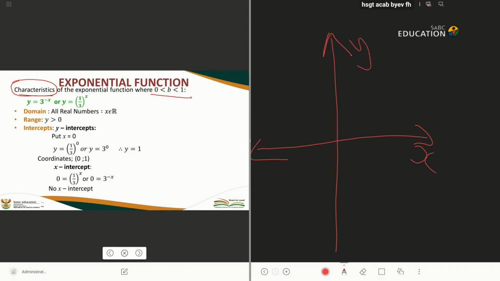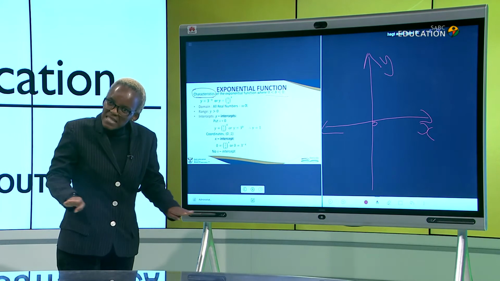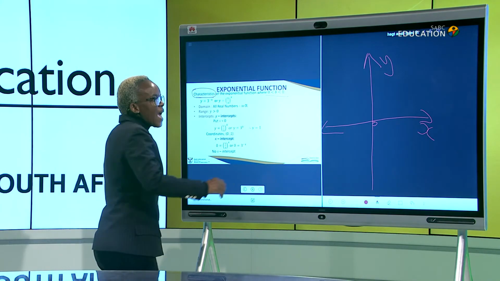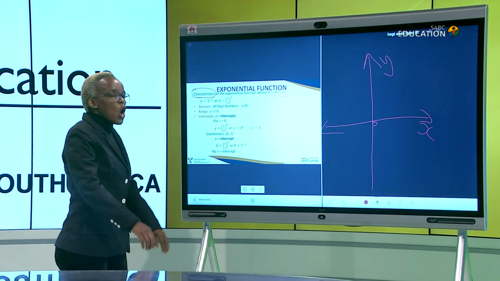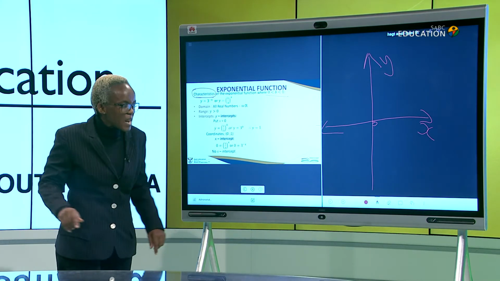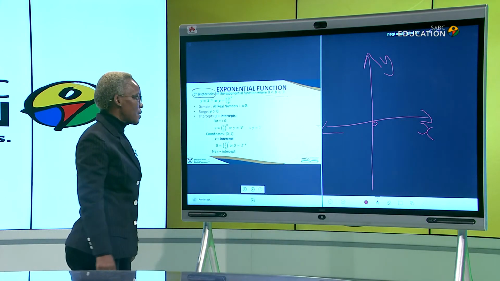So our graph will be defined at x, an element of real numbers. It means it takes all those real numbers on the x-axis.